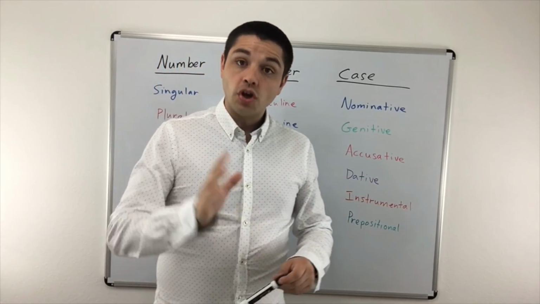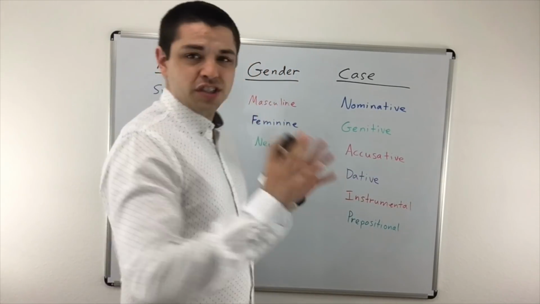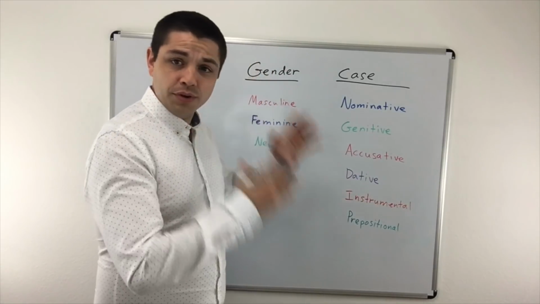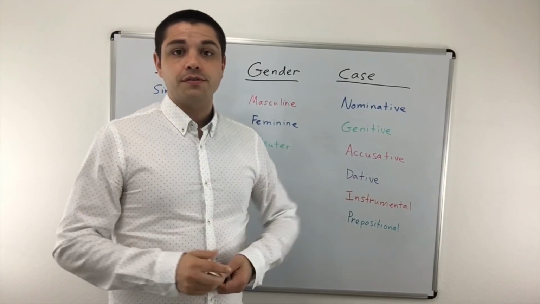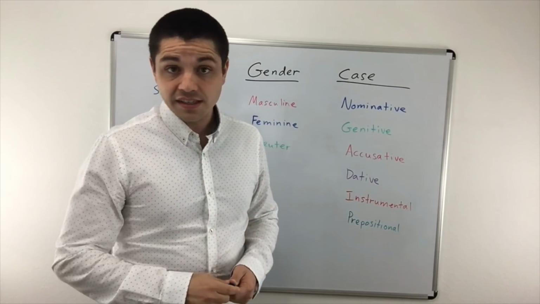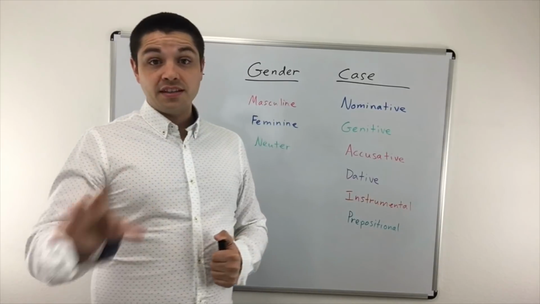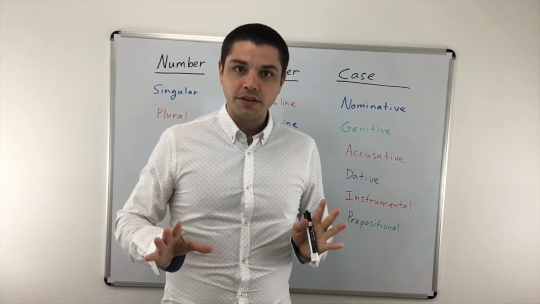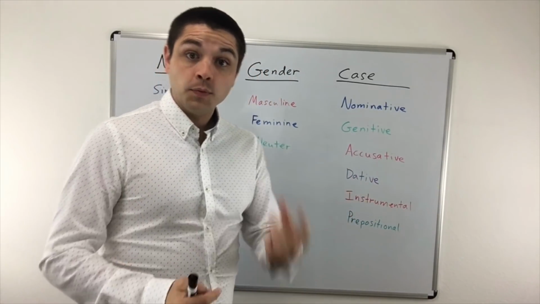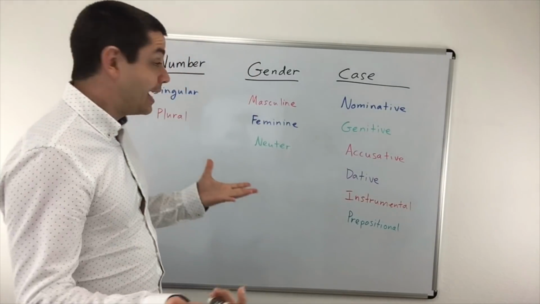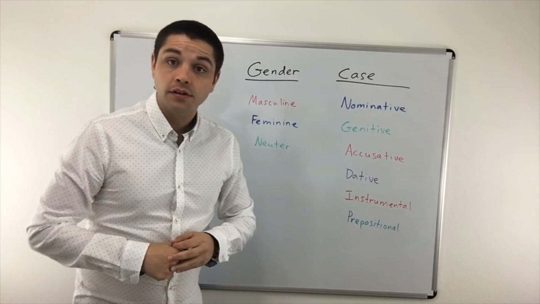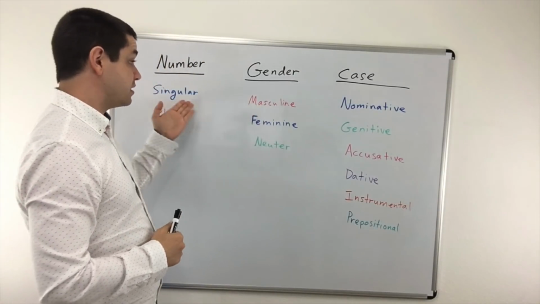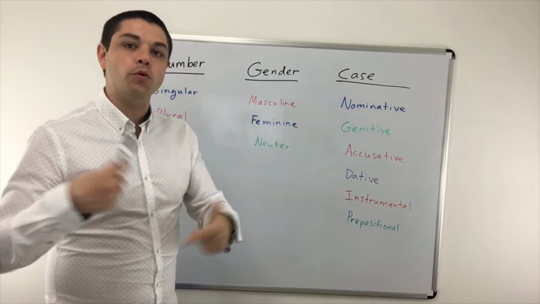All right? So that's just a very quick example and a very brief overview of these cases. Each one of them deserves one or more lessons, and we're going to get into them later, but you don't want to get overwhelmed at the beginning, because as you can see, with one noun, you might have a masculine singular nominative, or you could have a masculine singular genitive, and the ending will be different.